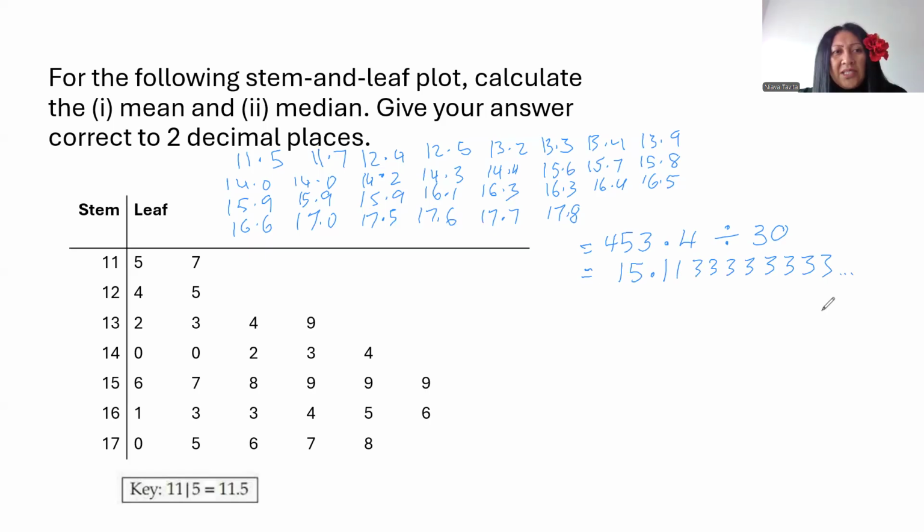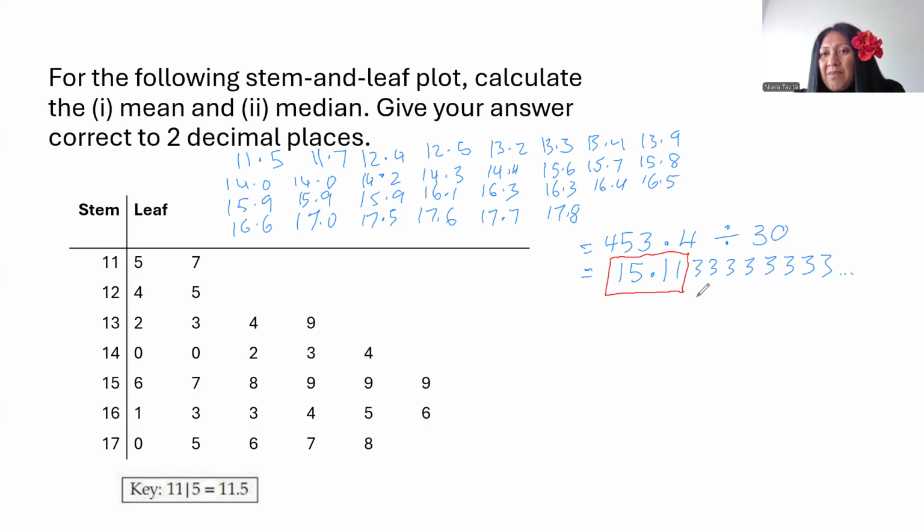Now, the question is asking us to write your answer correct to 2 decimal places. So in other words, we need to round the answer to 2 decimal places. So when we do the rounding, this is decimal places 1, 2. So we are going to stop here. So in our answer, it should only show 2 decimal places.